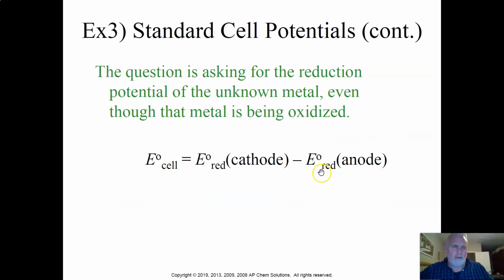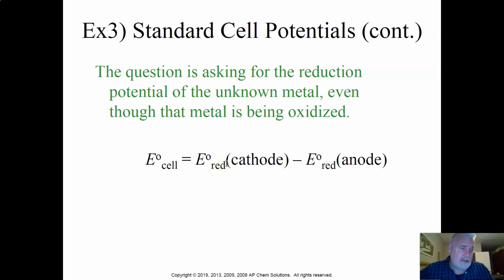One of the ways of avoiding flipping signs is to use this. Now remember, red cat, this should be oxidation, but if you're using both of them as reduction potentials and you're not sure which one is which, as is the case here, we don't know if silver's over here or there, depending on what the unknown is.